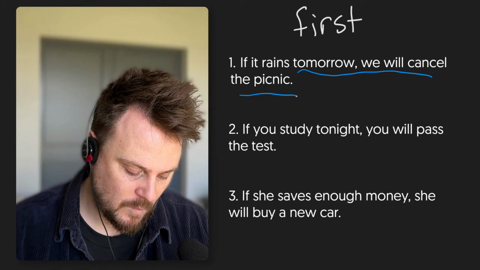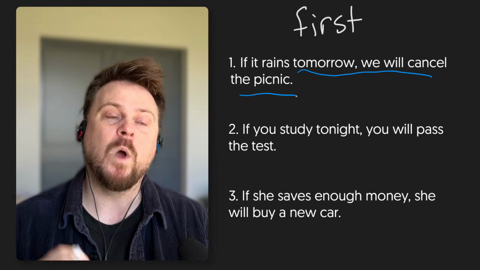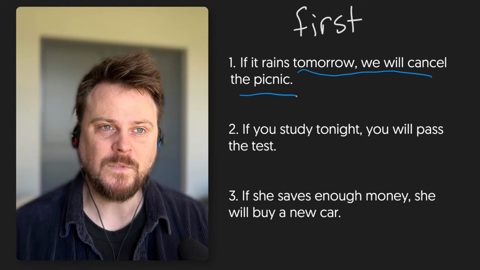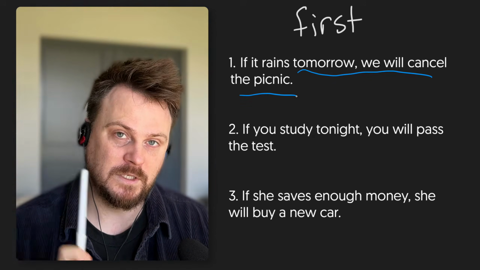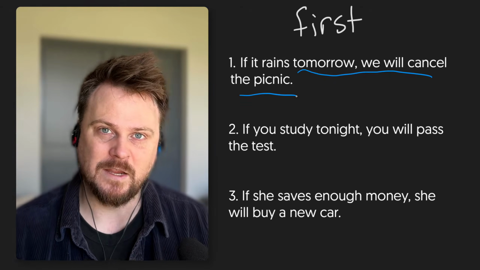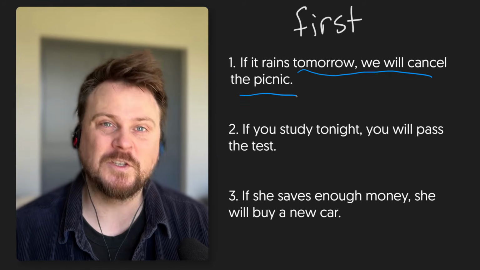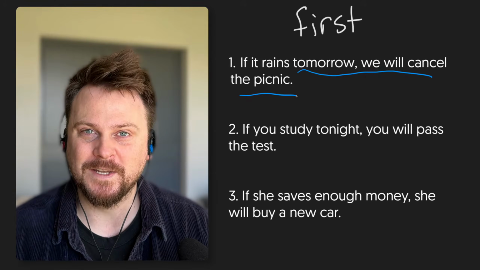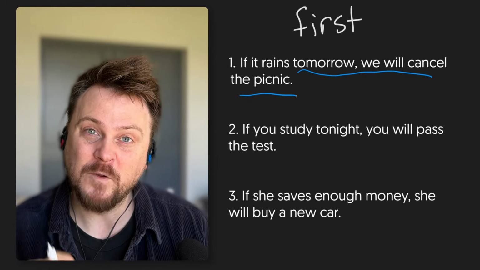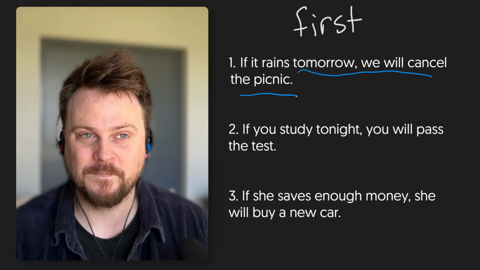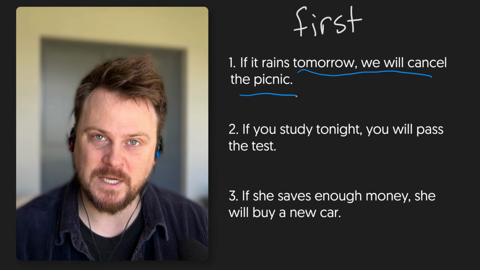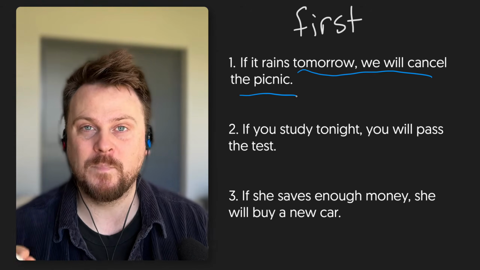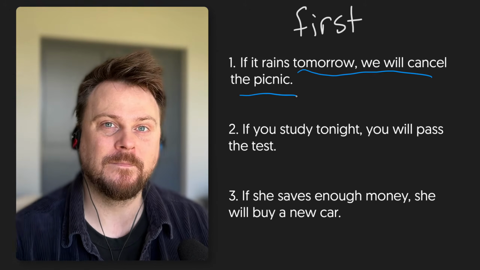So if it rains tomorrow, we will cancel the picnic is saying, well, there's something certain. The thing that's certain is if A, C, and if B, D. That's certain. So think of the structure as certain, but the future event is not, because it could be A or it could be B. If A happens, C will happen, and if B happens, D will happen.